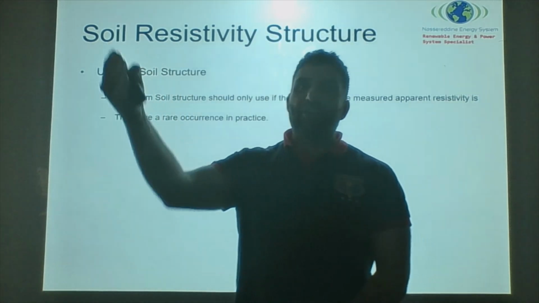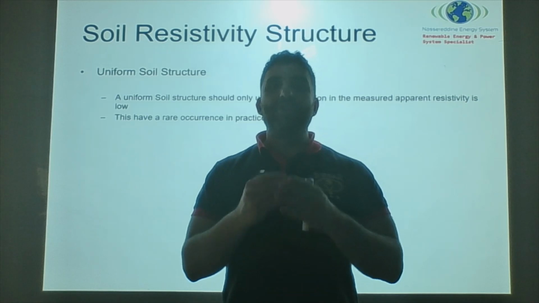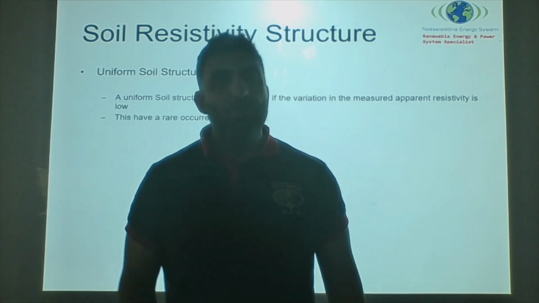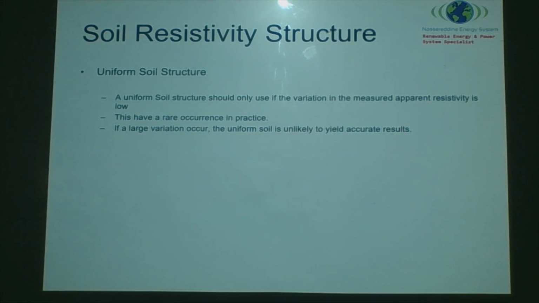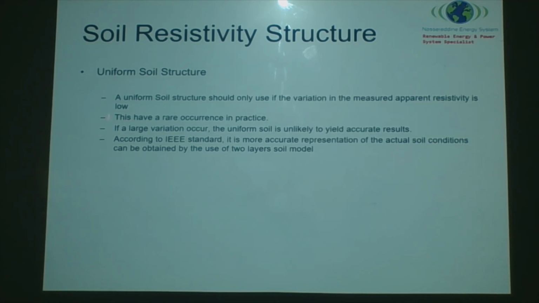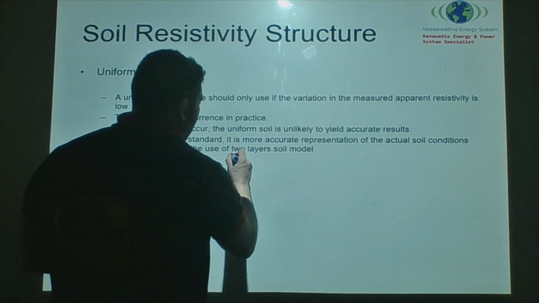And when I check the data obtained, there's a huge variation, which means you have a very high error. If a large variation occurs, the uniform soil is unlikely to yield an accurate result. According to the IEEE standard, a more accurate representation of the actual soil condition can be obtained by use of a 2 layers soil model.